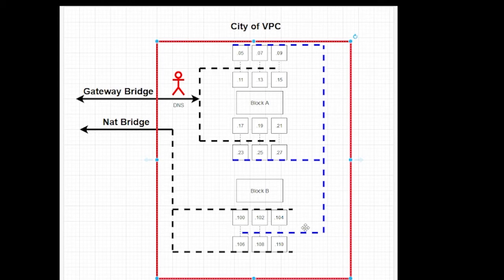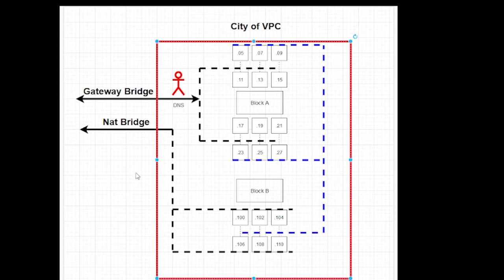And since these are special cases or special sites, they have their own bridge to come in and out of the city. Obviously, we don't want them to be publicly available, because imagine you have a publicly available military base or nuclear site. That's really bad. Really, really bad. We don't want that to happen.